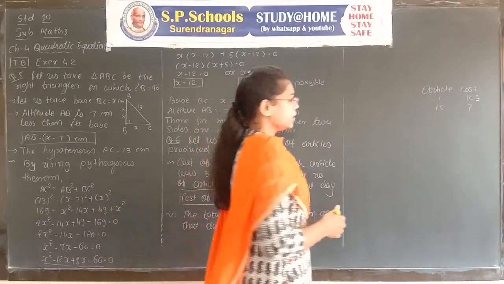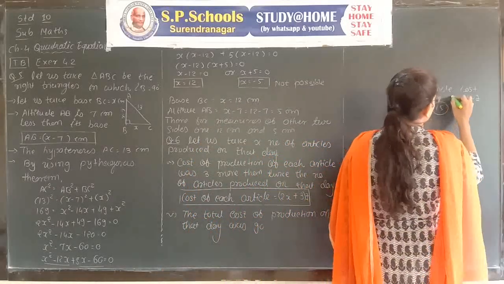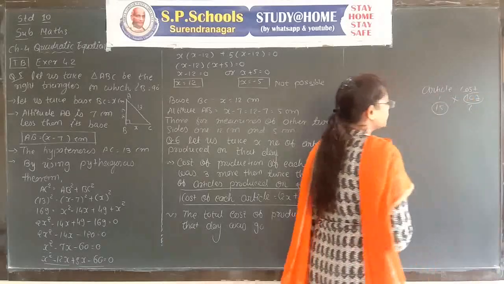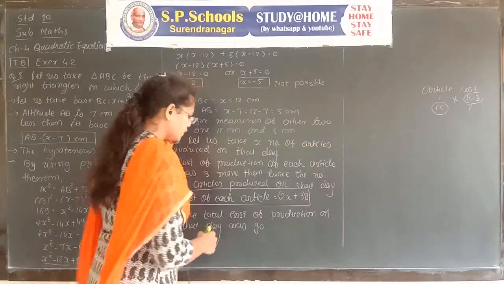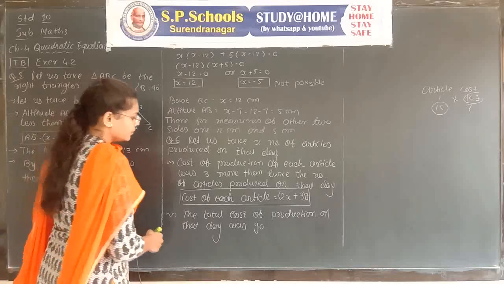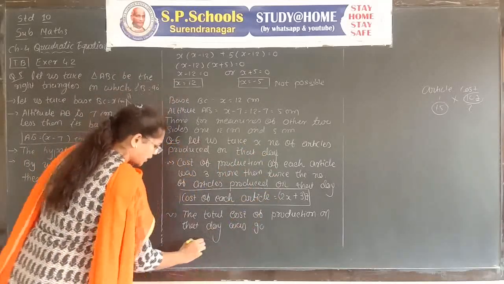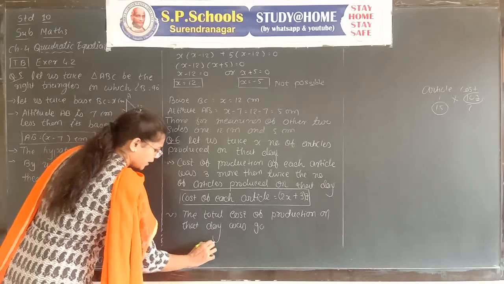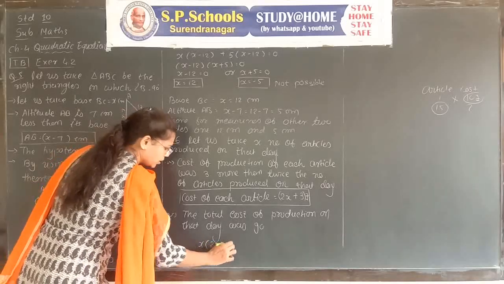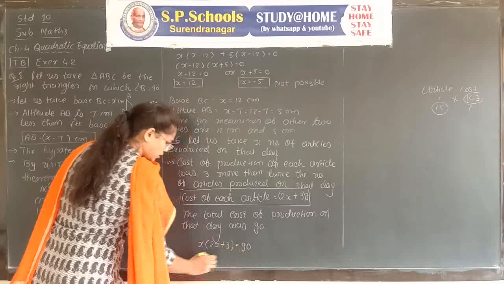It means 150. Number of articles multiplied by the cost of one article. Same way here, the number of articles is x, multiplied by the cost of each article. x into bracket 2x plus 3 is equal to 90.